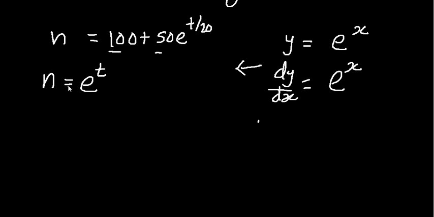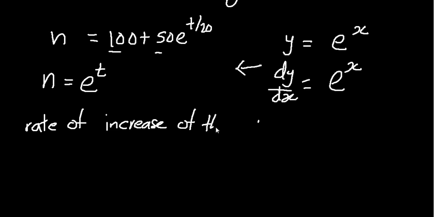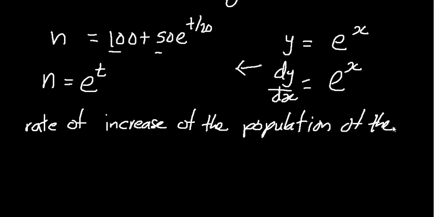But if I want to find the rate of increase of the population of a bacteria, or the rate of change, that will be given in terms of per day, so many bacteria per day.